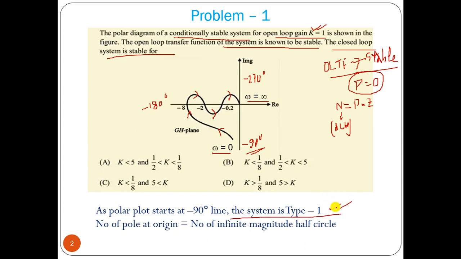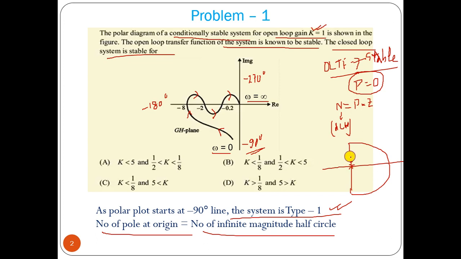If this is type 1, then we know the concept that the number of poles at origin equals the number of infinite magnitude half circles. The Nyquist contour is like this way. Then we have a pole at origin. So from this point 0 to infinity, C1 section, C2 section, then C3, and we must have this C4 section.